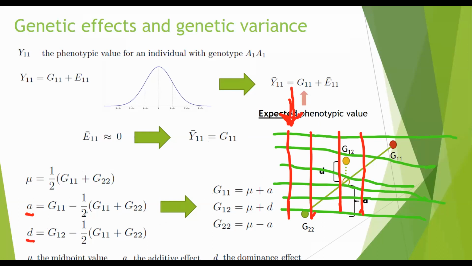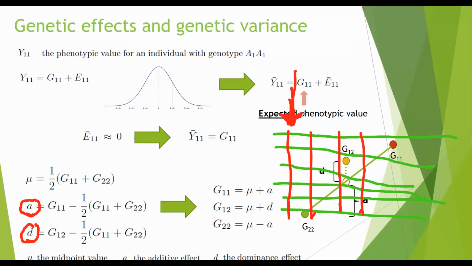And once we have these terms, we can estimate. So now we will go back to our business, right? If we assume there's an effect, then we can use our population data to estimate the additive effect or the dominance effect for this locus. Then we can do the test.